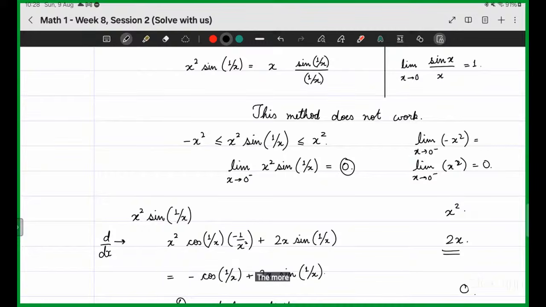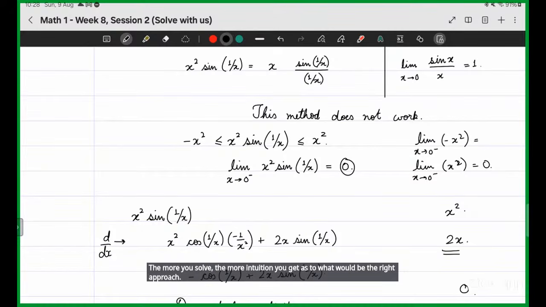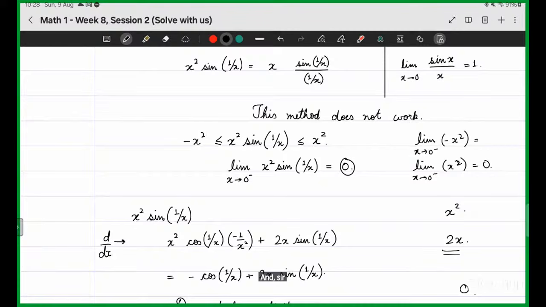The more you solve, the more intuition you get as to what would be the right approach. And sir, in logarithms, I face much of the problem, complex log problems. Okay. Maybe during the revision sessions, you bring a set of questions that you are struggling with, and we can see where the problem is.